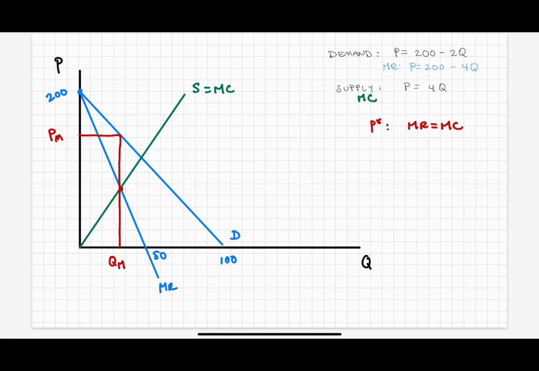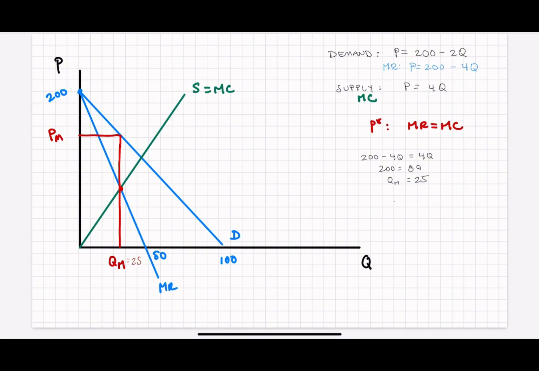So we can go ahead and solve for those mathematically by saying that the marginal revenue, which we had is 200 minus 4Q, is equal to marginal cost, which is 4Q. So this is 200 equals 8Q. So Q monopolist is equal to 25. So this value here is equal to 25. Now I take this quantity right here and I put that into the demand equation.